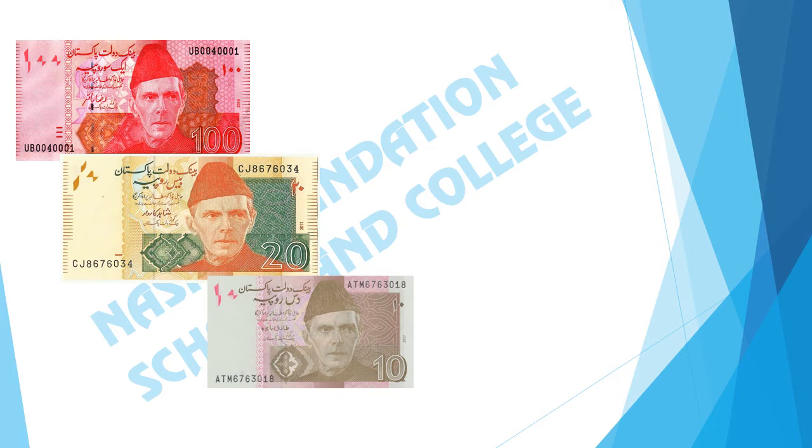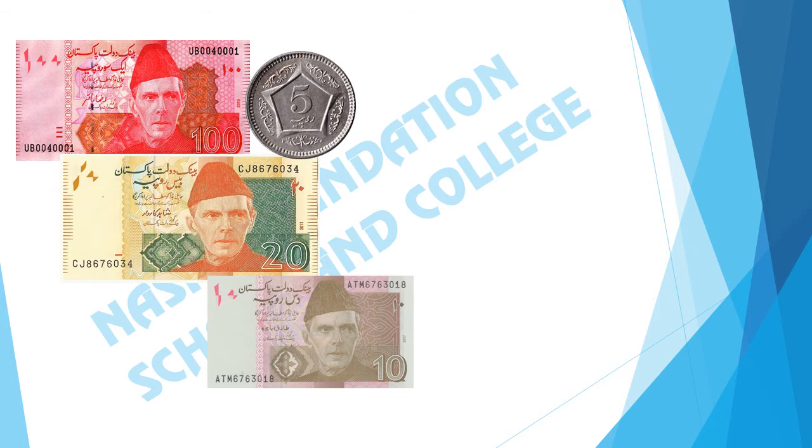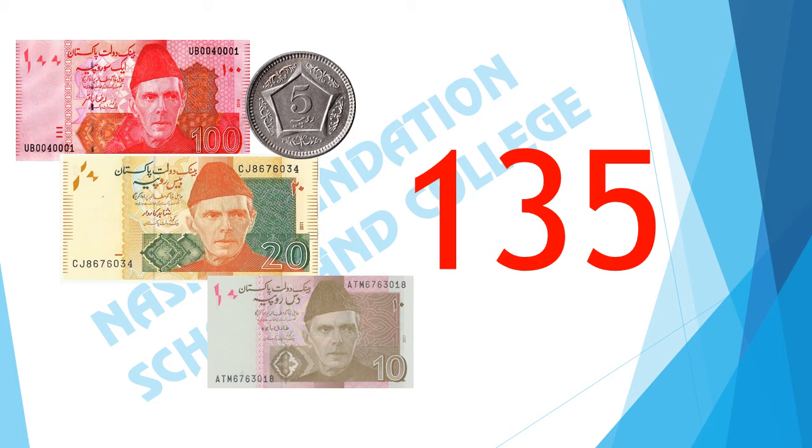In 120, if we add 10 rupees, we get 130. There is a coin of 5 rupees. In 130, if we add 5, we get 135.